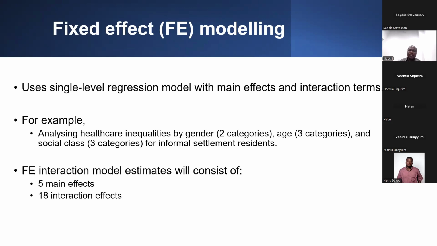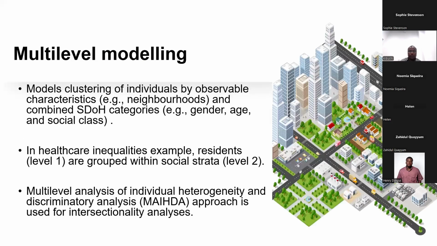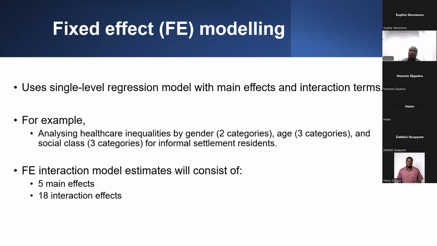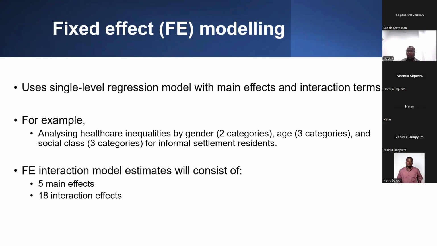So in this case, we will have 5 main effects. The main effects come from, gender is 2 categories. So we have the reference category as, let's say, male. So you will have female as one estimate. Then age has 3 categories. Let's say the youngest group is the reference.